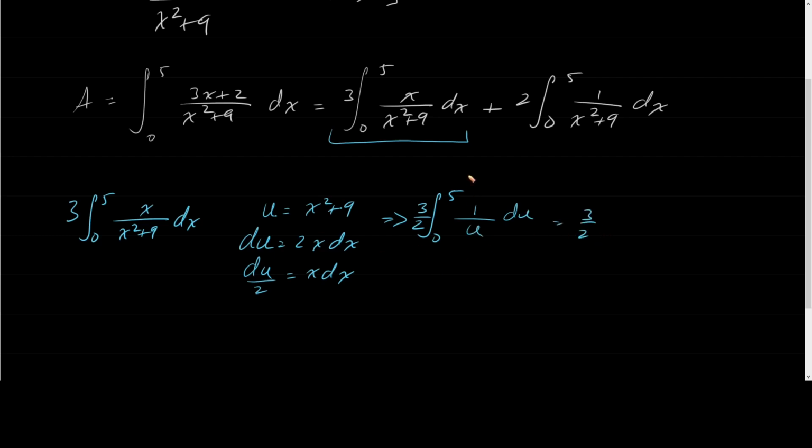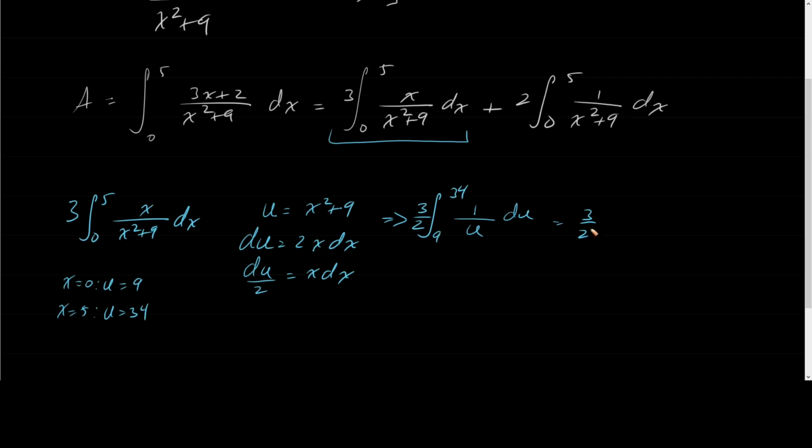Oh, hold on, not from 0 to 5. Let's change that. Let's see what the new bounds are supposed to be. When x equals 0, u equals 9. When x equals 5, u is 34. Right? 5 squared, 25 plus 9, 34. 0 squared plus 9 is 9. So we're going from 9 to 34.